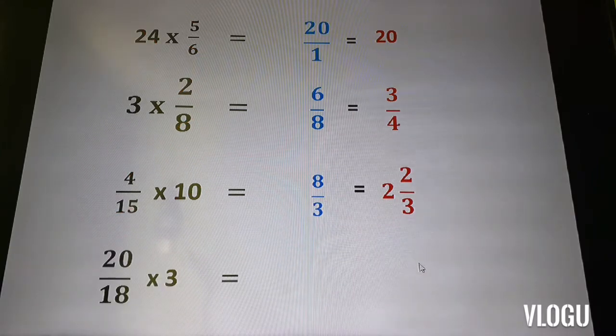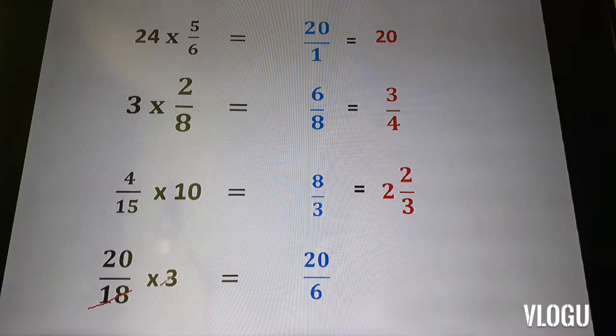How about if I have 20 over 18 multiplied by 3? For my partial answer, I have 20 over 6. So, how did I get 20 over 6? Again, as I said earlier, we will just simply divide or cancel out any number that we can.